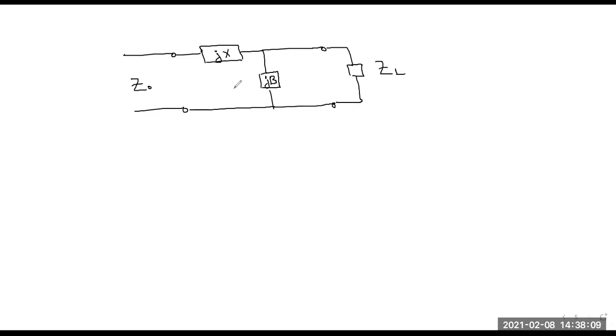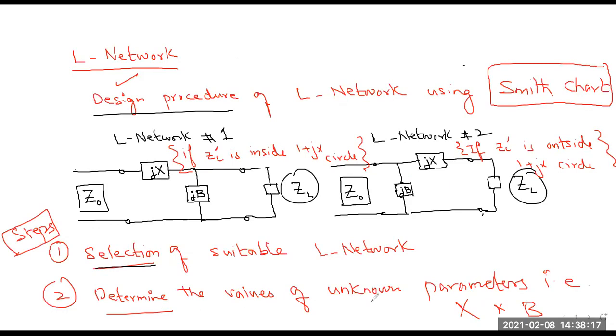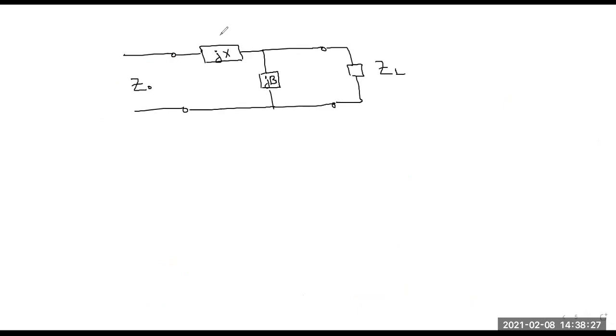Now the question is, कि अब हमने नेटवर्क सेलेक्ट कर दिया है तो सेकंड स्टेप जो हमने अब लेना है, we need to find out the values of the unknown parameters जो कि आपके पास x और b. ठीक है. सो अब हमारे पास जो सर्किट है उसमें x की वैल्यू हमें नहीं पता क्या होगी और इस तरीके से b की वैल्यू.